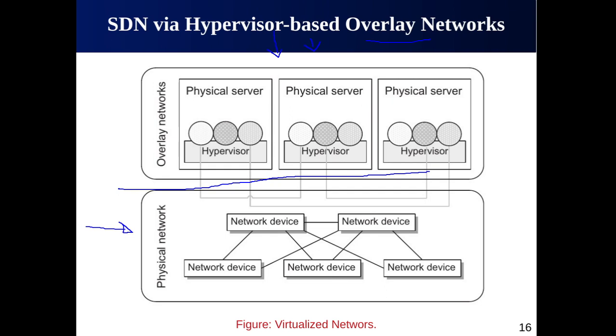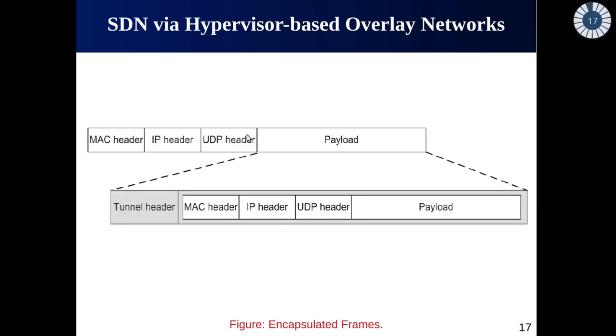When a packet enters the edge of the virtual network at the source, the networking device, maybe the hypervisor, will take the packet in its entirety and will encapsulate it within another frame. This is shown here. We have a payload, and then we encapsulate this payload into another packet, into another frame.